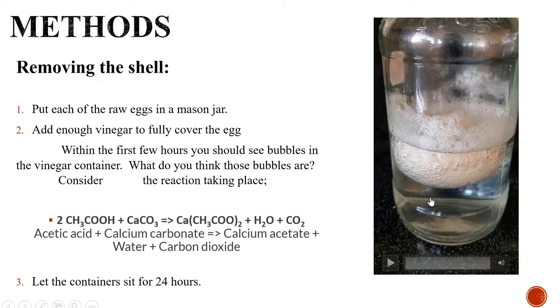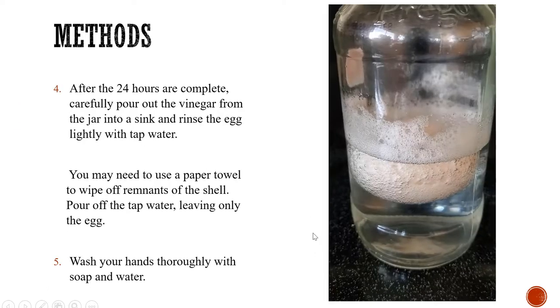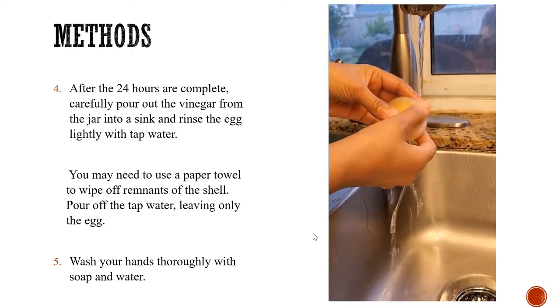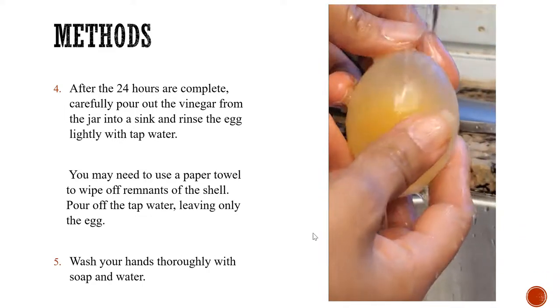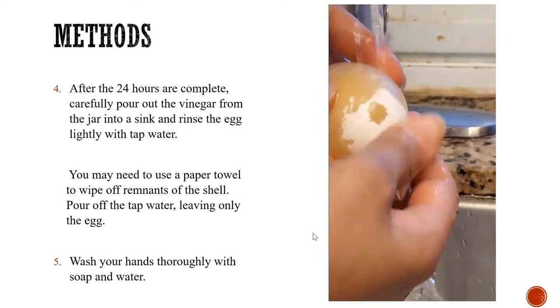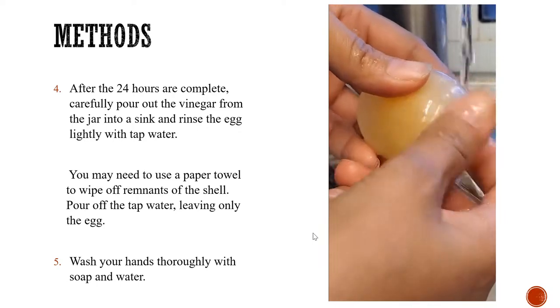Let the egg sit in the vinegar for 24 hours. Rinse the eggshell completely off using tap water. Naked egg. And you can see that you have created your naked egg.